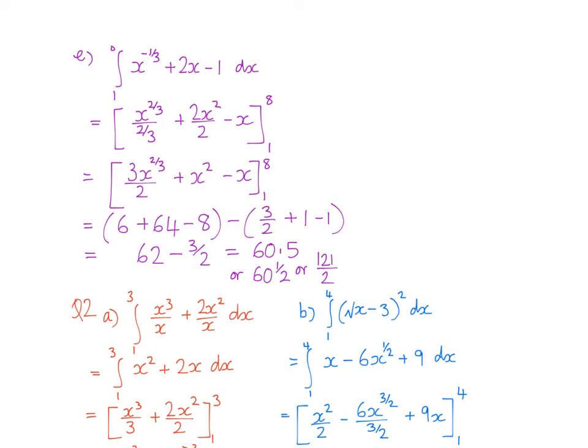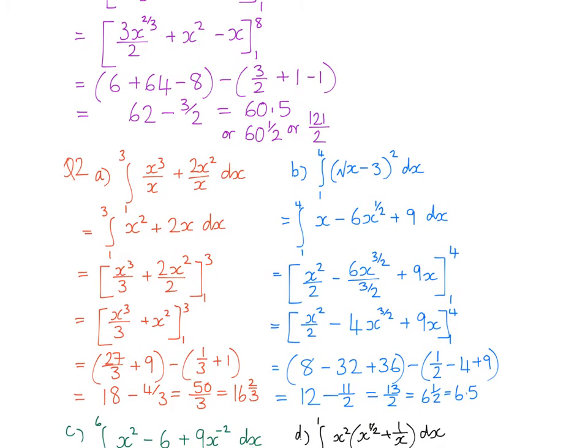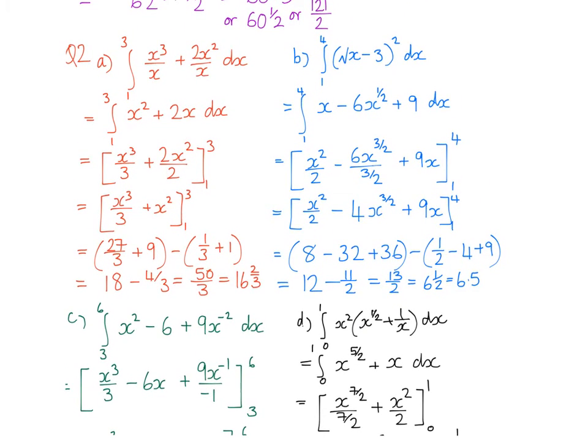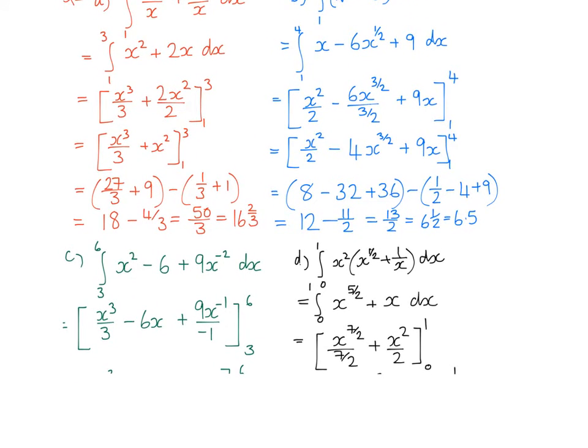Now you can give your answer as a decimal if it can be expressed exactly, a top-heavy fraction or a mixed number. On question 2, check your answers there please. And then on C, I need to go on to the next page for the final answer so you can see if you've integrated it properly.